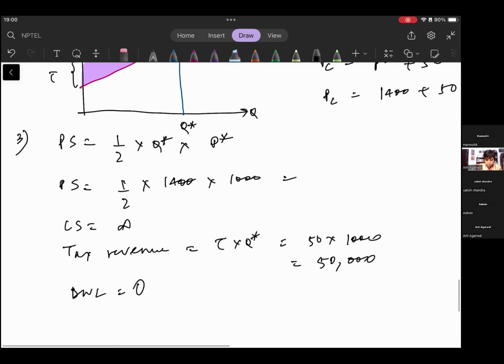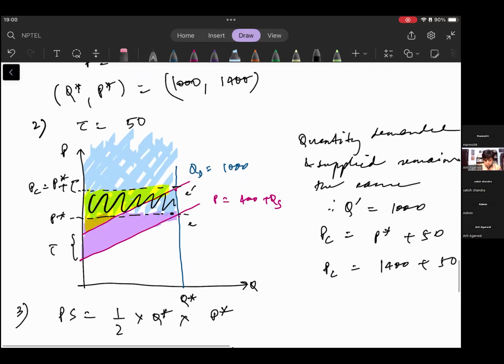As you can see, the main takeaway from this problem is that when you have inelastic demand, the entire burden of the tax is on the consumer, because the price is changing for the consumer. It was 1400 and then it becomes 1450 after imposition of the tax, even when the tax is levied on the seller.